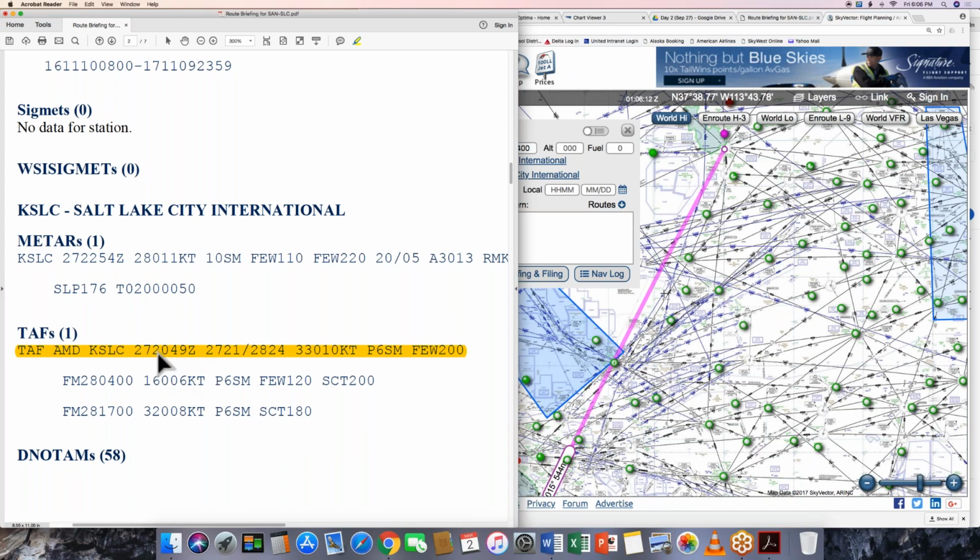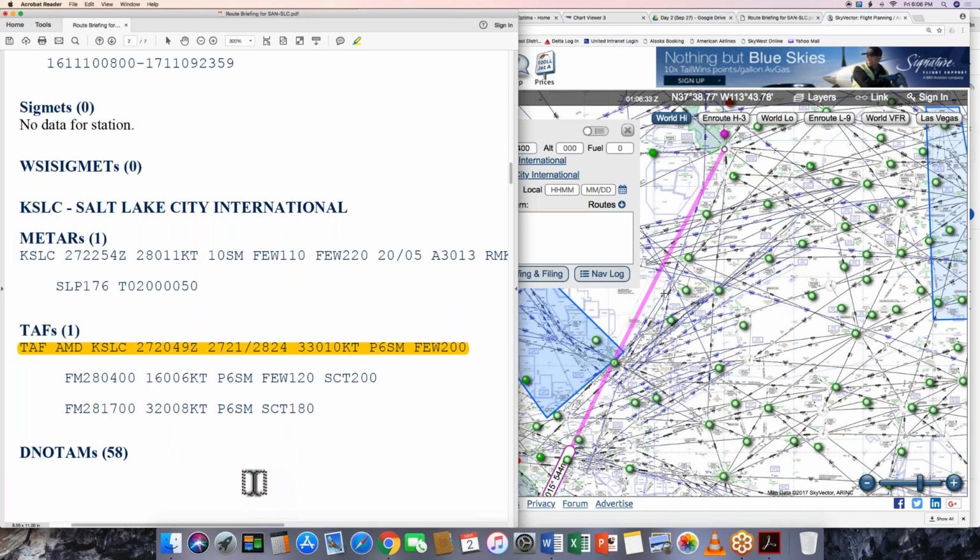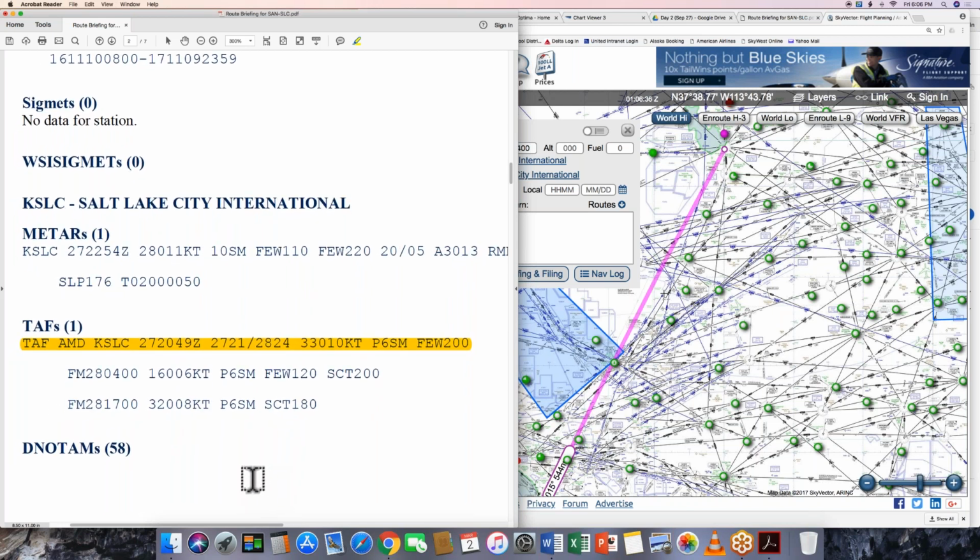So from 2049 until 0359, this first line is your forecast. From 0400 to 1659, this second line is your forecast. And then from 1700 Zulu until 2400 Zulu, this third line is your forecast. Okay, I just didn't want to get mixed up between those two different numbers. So thanks.